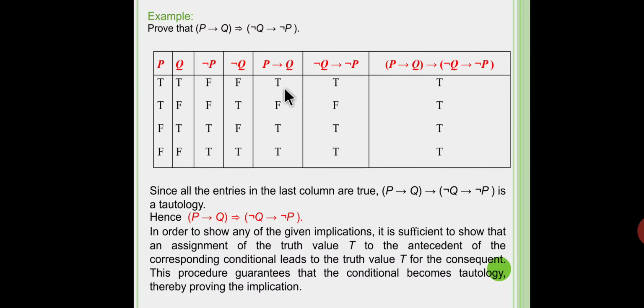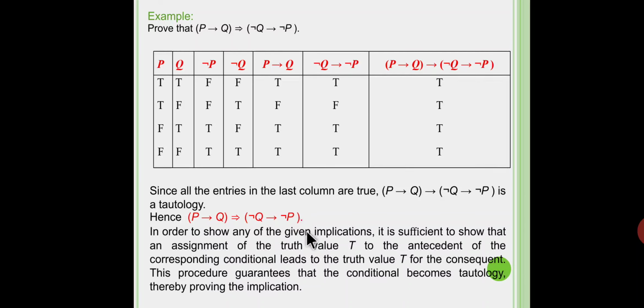So in all cases we have truth value true. Then the given relation is a tautology. Since all the entries in the last column are true, P implies Q implies negation Q implies negation P is a tautology. Hence we conclude that P implies Q implies negation Q implies negation P.